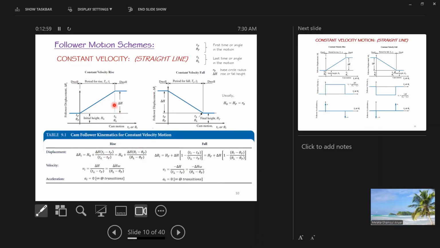So this is the less time or less theta for this interval, and this is the first point in terms of time, and also in terms of angle for this interval. Okay, same over here, and you have h naught will be the radius of the base circle. So this one will be here if you are not taking 0 as the starting line.